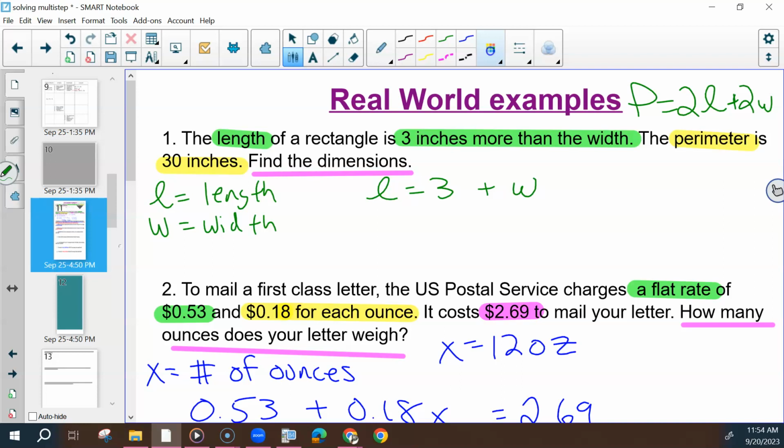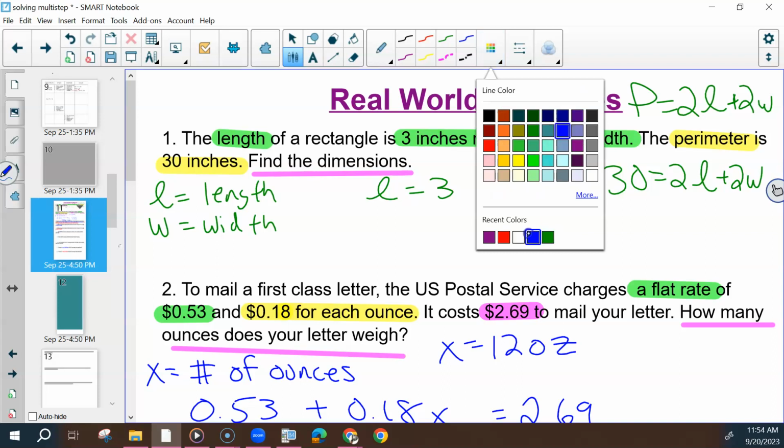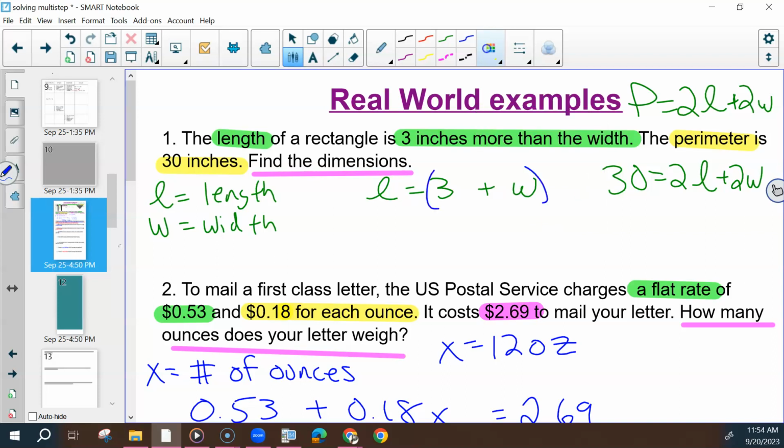We know this is our equation for perimeter. We also know our perimeter is 30 inches. So let's rewrite that. So here we have 2 different equations going on. And because of that, we know this is our equation for L. We're going to take this equation and put it in for L. So kind of like when we were evaluating, we put in a number.